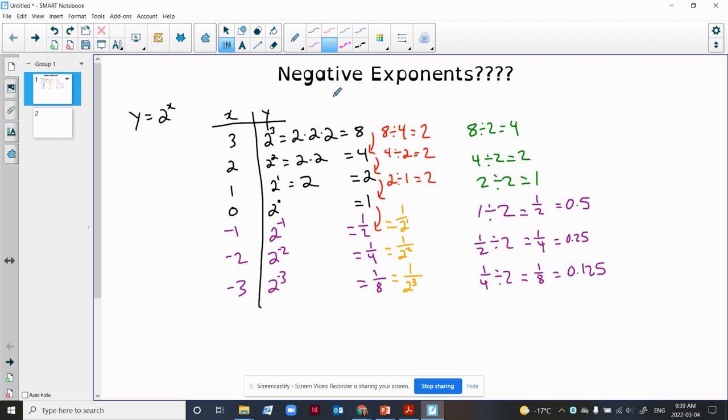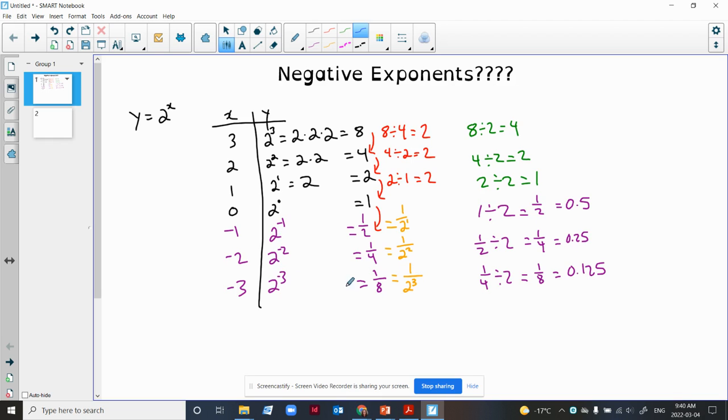So what you hopefully are noticing is that when we have a negative exponent, we flip it, or we take the reciprocal. We have 1 over the exact same thing, except that our exponent is now positive. That negative exponent goes away because it means it's 1 over.